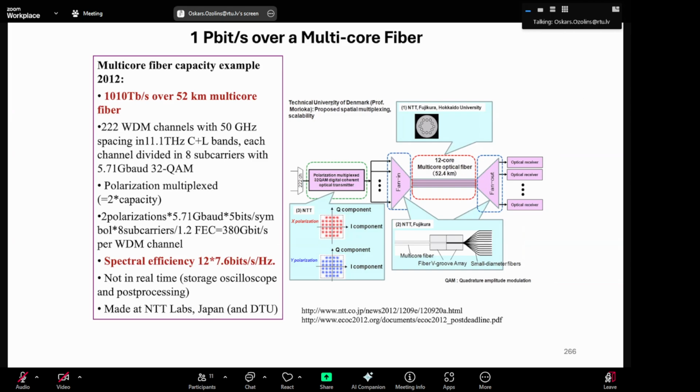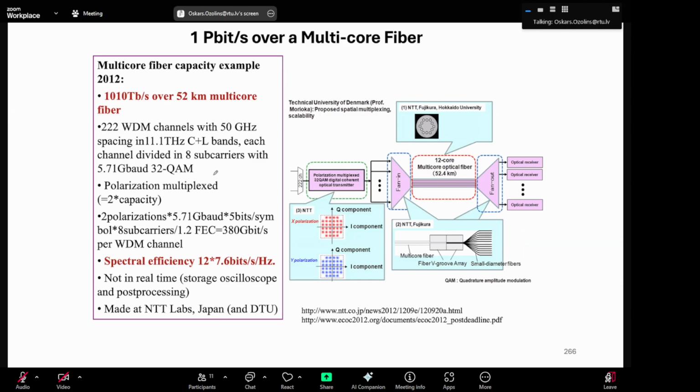I managed to be there at the same time as Professor Toshio Morioka, who had just recently moved to Denmark from NTT. That was the year when they showed 1 petabit over a 52 kilometer multi-core fiber. Professor Morioka is still at DTU, still working on SDM and getting higher and higher numbers.